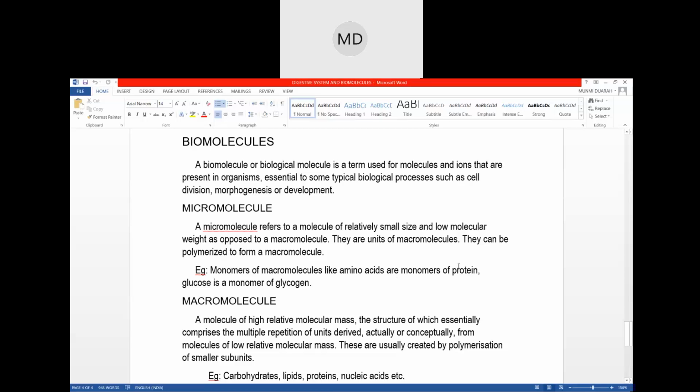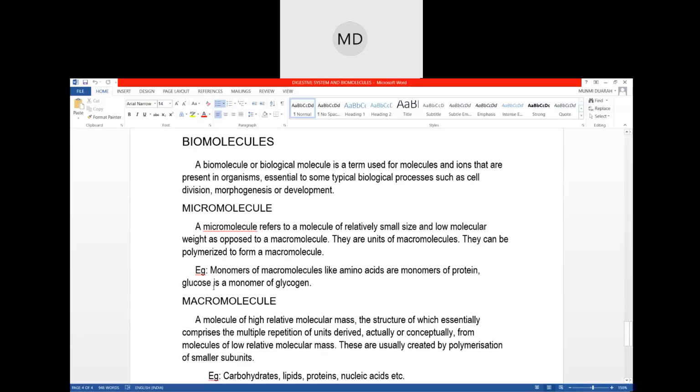So amino acid is a monomer of protein and protein is a polymer. Like bricks, many bricks together form a wall. So many amino acids together form protein, and when protein is broken down, you will get amino acids. So amino acid is a monomer, protein is a polymer. Amino acid is an example of micromolecule and protein is an example of macromolecule. So all monomers are examples of micromolecules and all polymers are examples of macromolecules.